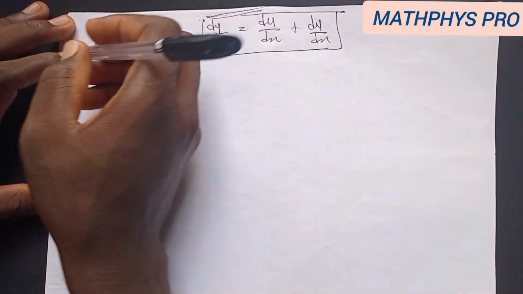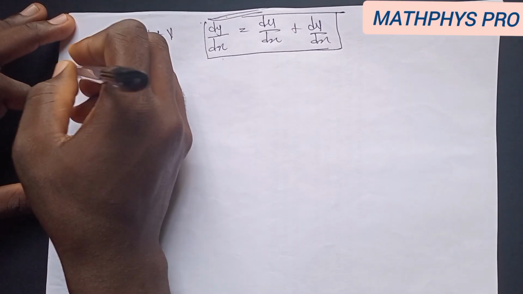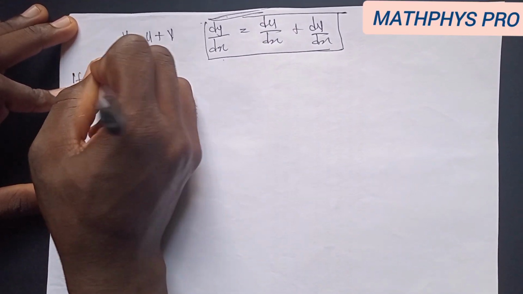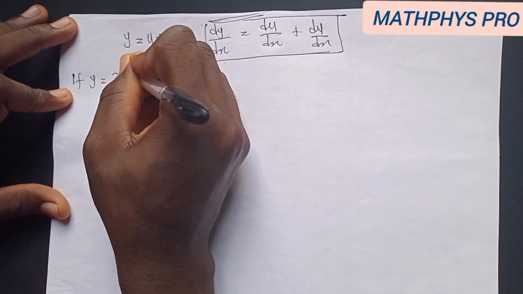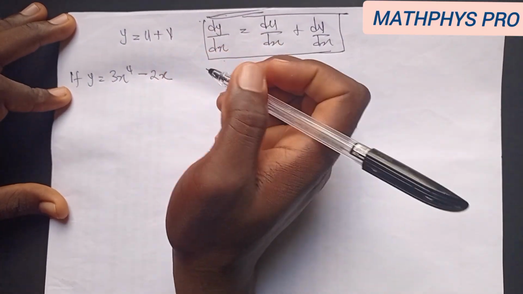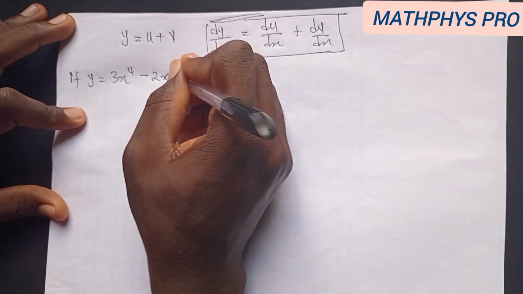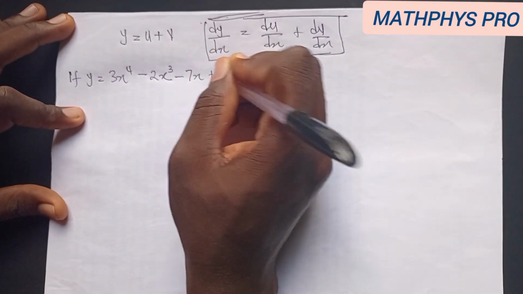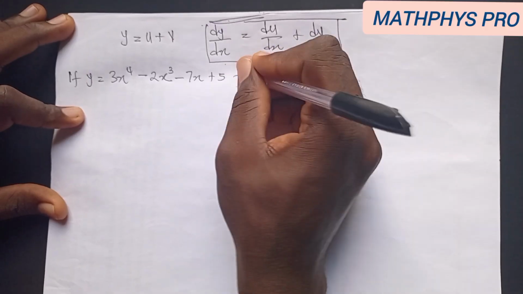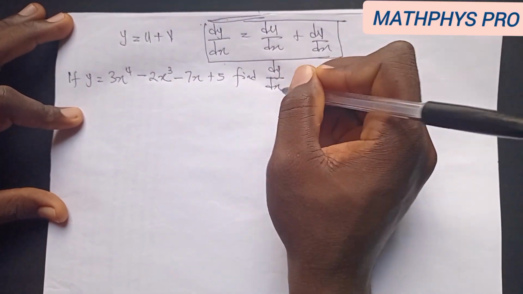So the first question says that if y is equal to 3x raised to the power 4 minus 2x raised to the power 3 minus 7x plus 5, find dy/dx.